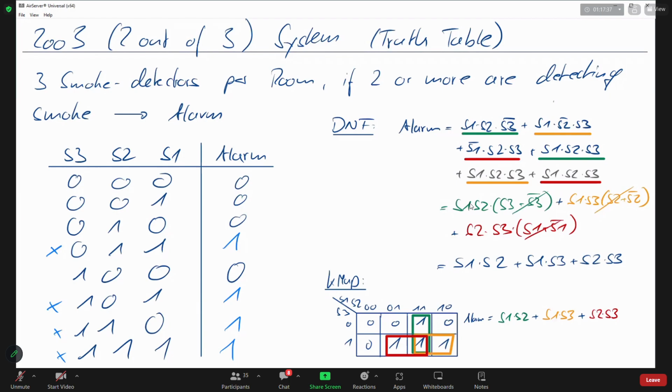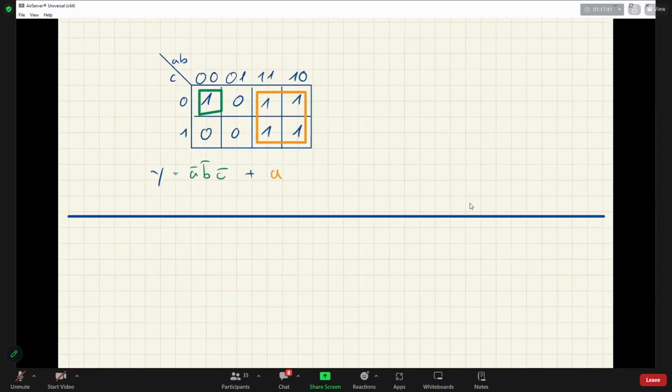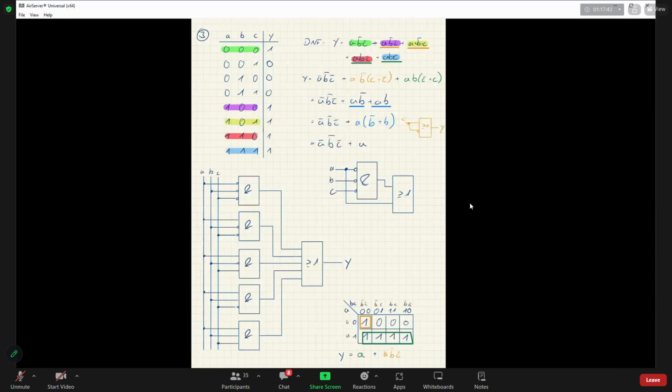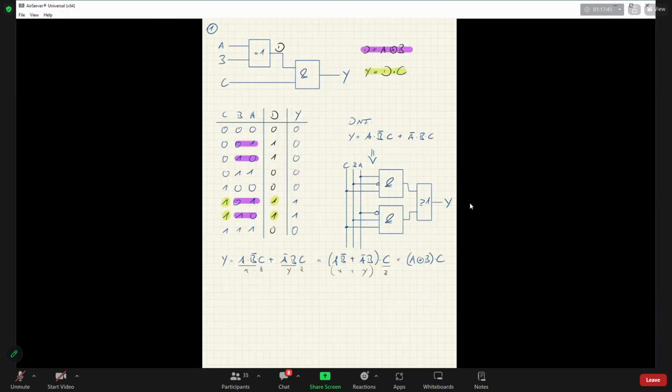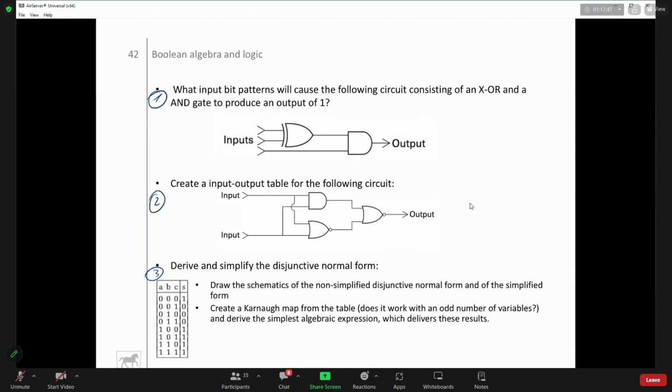Okay. So like in this previous example, it was like that. So here the question was draw the schematic of the non-simplified disjunctive normal form and of the simplified form. So you have to write down the DNF. You have to simplify the DNF. You have to draw both.